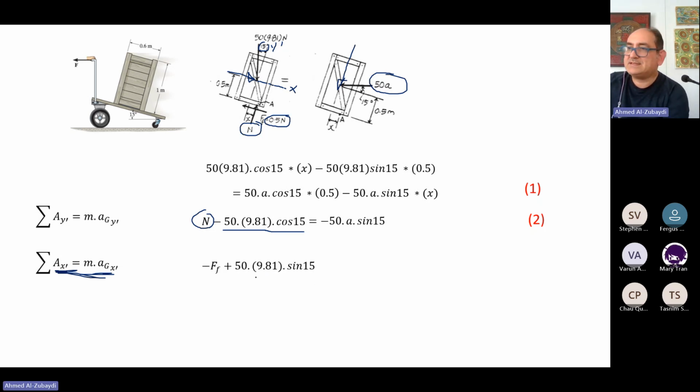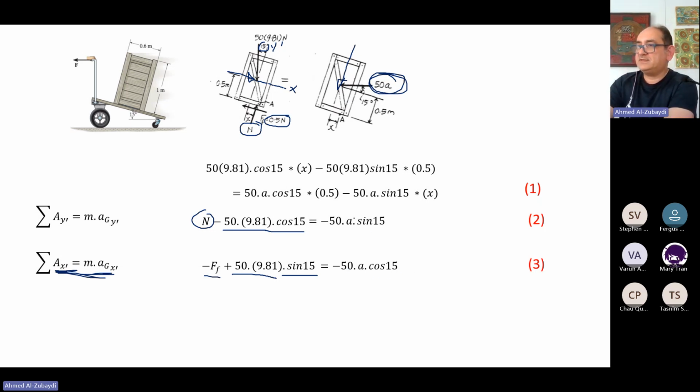Now, for the x-axis, we're going to have the friction force, negative, and we have 50 multiplied by 9.81 multiplied by the sine of 15, as we explained earlier. On the kinetic diagram, it's going to be the horizontal value for this one, negative 50a cosine of 15.